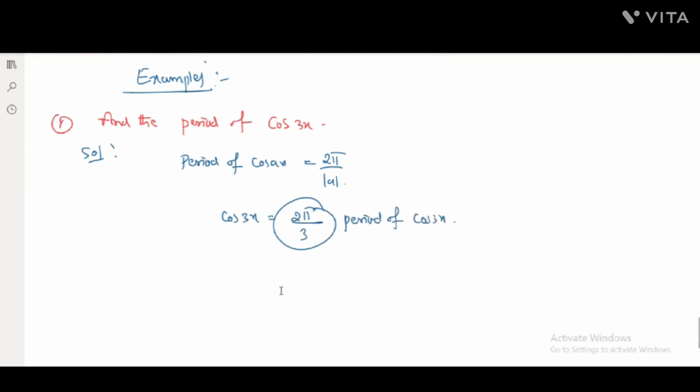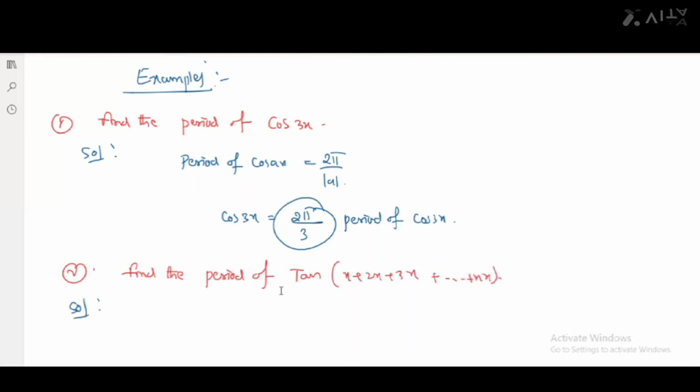So next, we'll see the next example. Find the period of tan of x plus 2x plus 3x plus so on plus nx. Let's see the solution for this one.